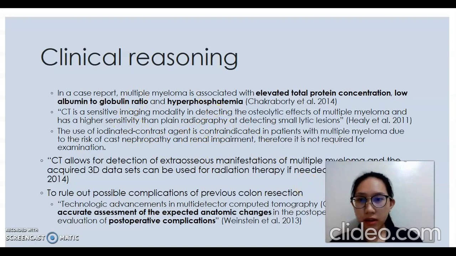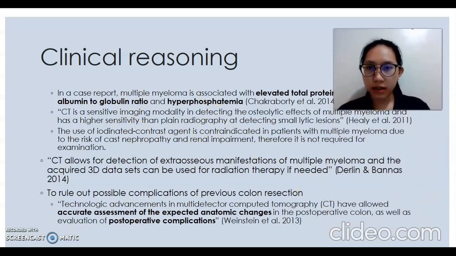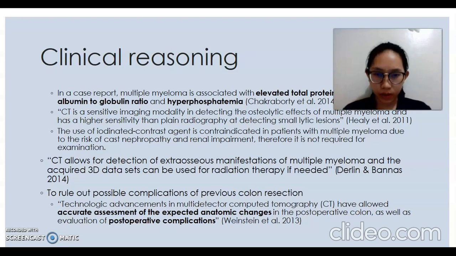And furthermore, other than osseous manifestation, CT also allows for detection of extra-osseous manifestations of multiple myeloma, and the acquired 3D datasets can be used for radiation therapy if needed. Another reason why we perform CT for this patient is also to rule out possible complications of previous colon resection, which may be the cause of the abdominal pain experienced by this patient.